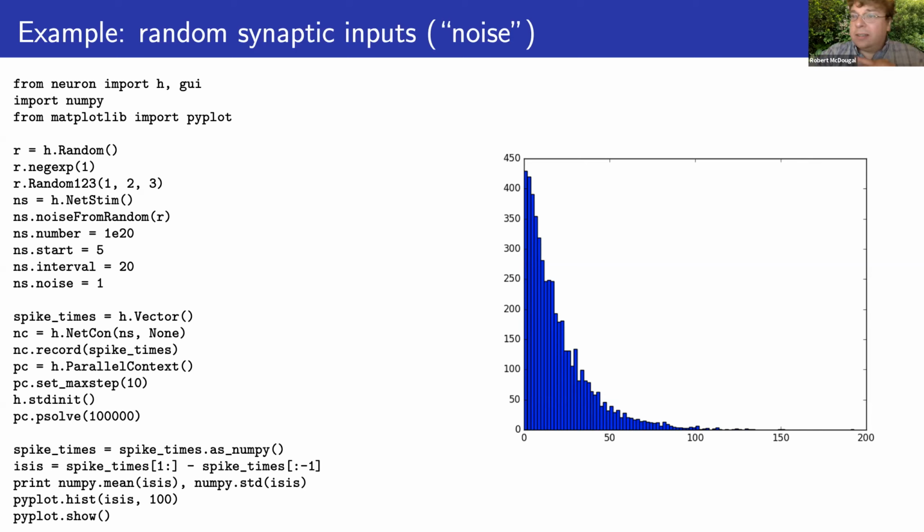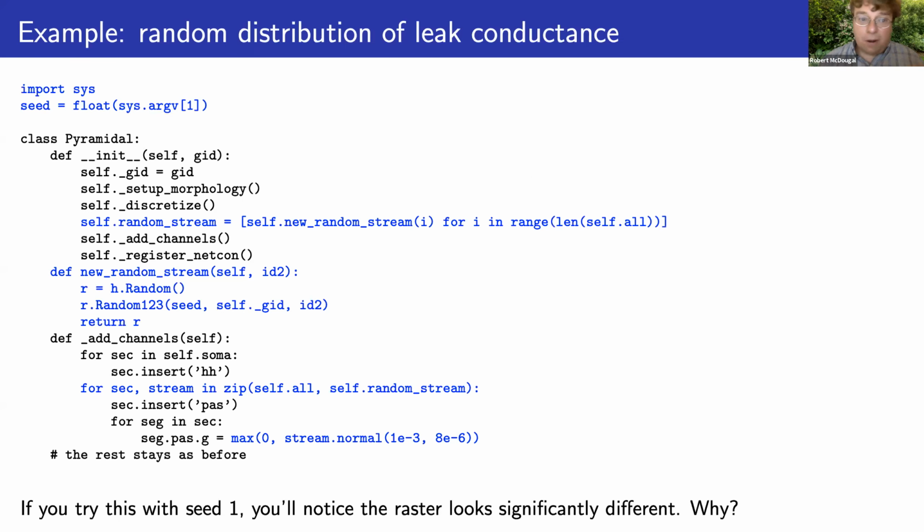We could do this not just at the level of a cell, but at the level of the compartments within the cell if we wanted to. We wouldn't really have to, unless we were doing a multi-split scenario where we're breaking the cell into pieces. But we could. For example, if I want a random distribution of leak conductance, I could generate a new random number stream.